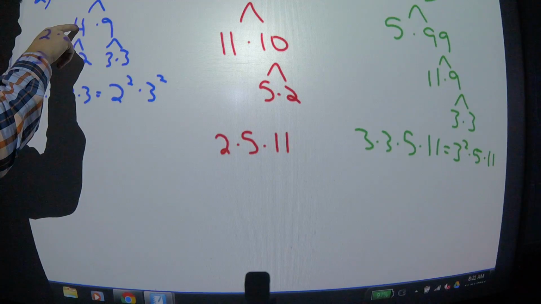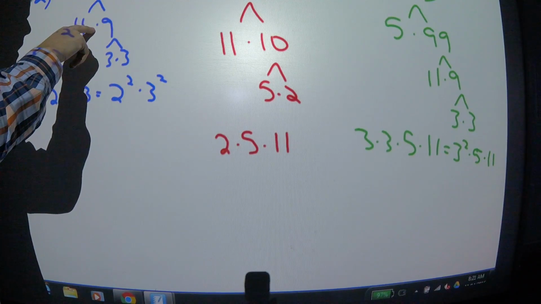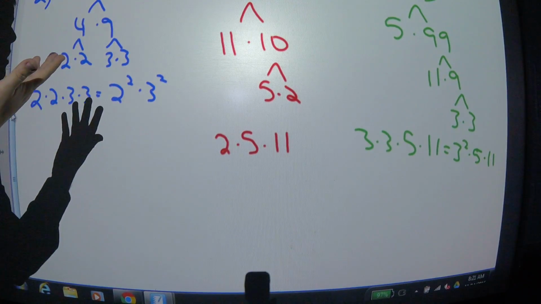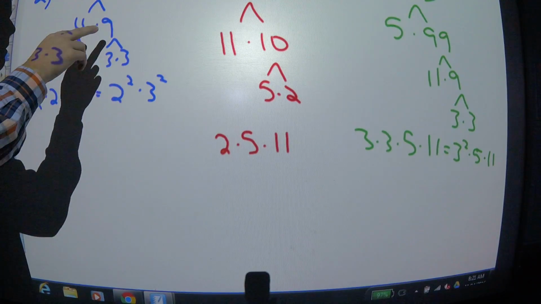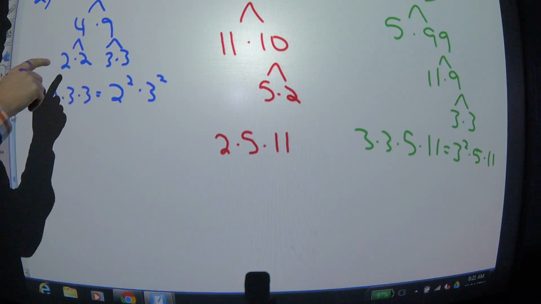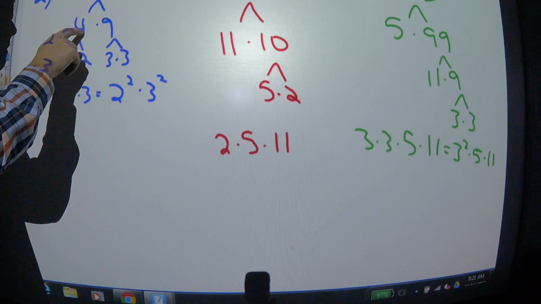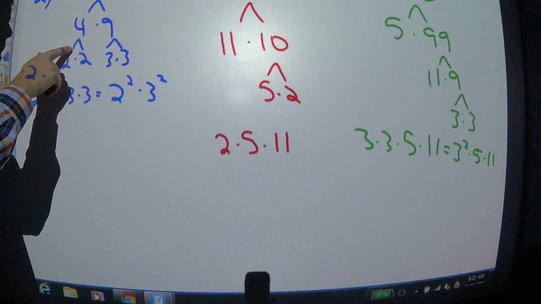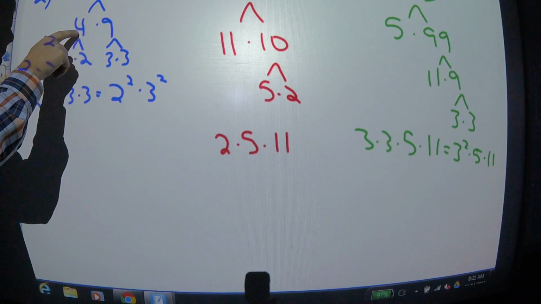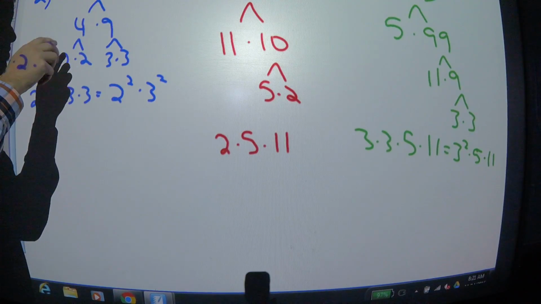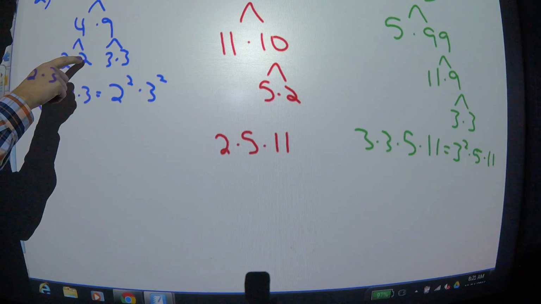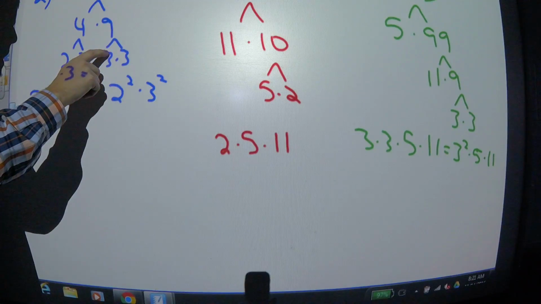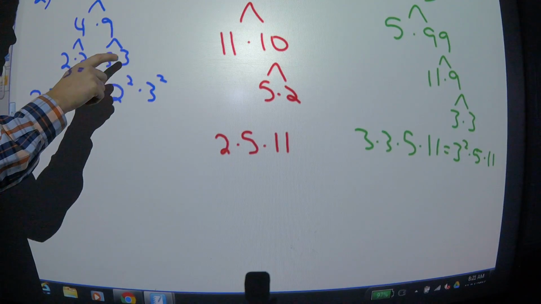On one side you've got one number times another number that should give you 36, because this is the first fork. So 4 times 9 gives me 36. Now I do a fork again, and 2 numbers multiplied together should give me 4. So 2 times 2. 9 we can break down to 3 times 3.